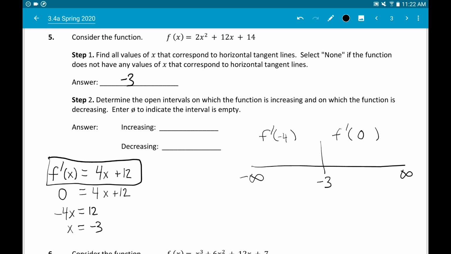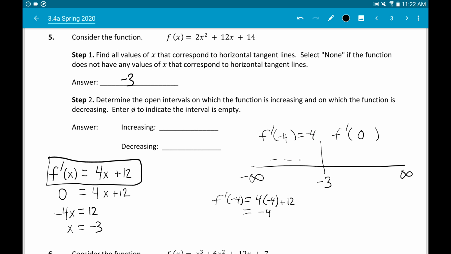So if we plug negative 4 into the derivative, f prime of negative 4 would be 4 times negative 4 plus 12, which would be negative 16 plus 12, so that's negative 4. All that matters is this is a negative number.